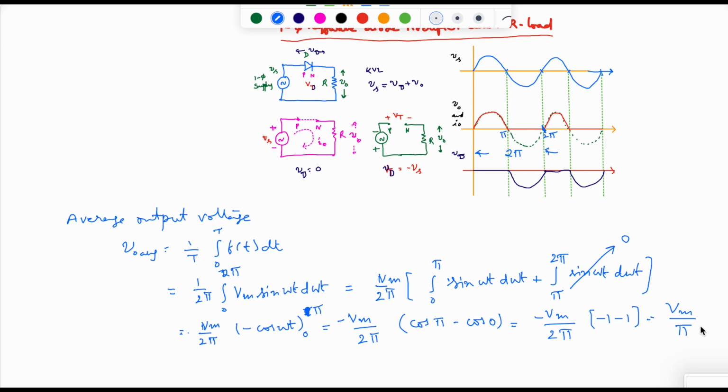V naught average is equal to Vm by pi. And now let us see the RMS output voltage. We will see how to find that one.